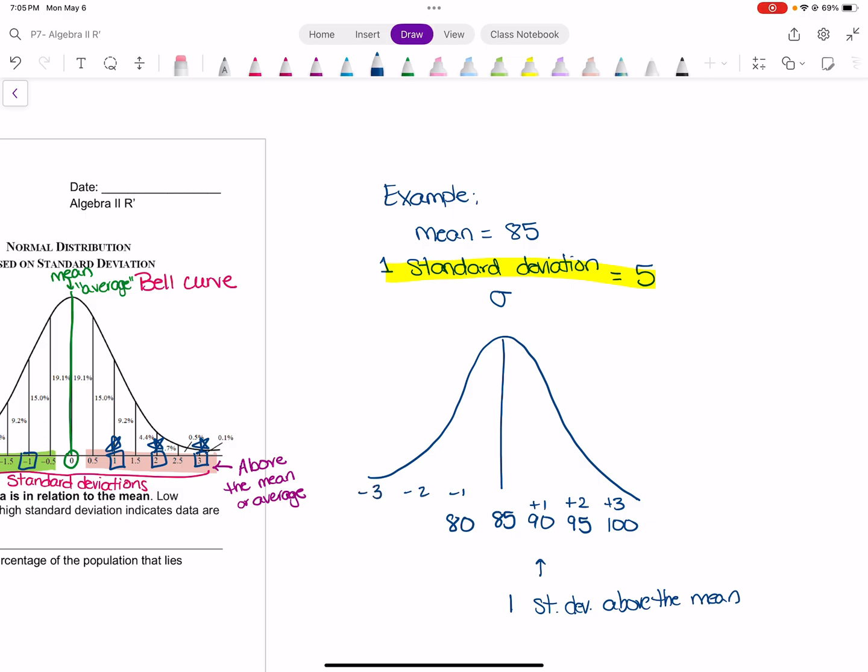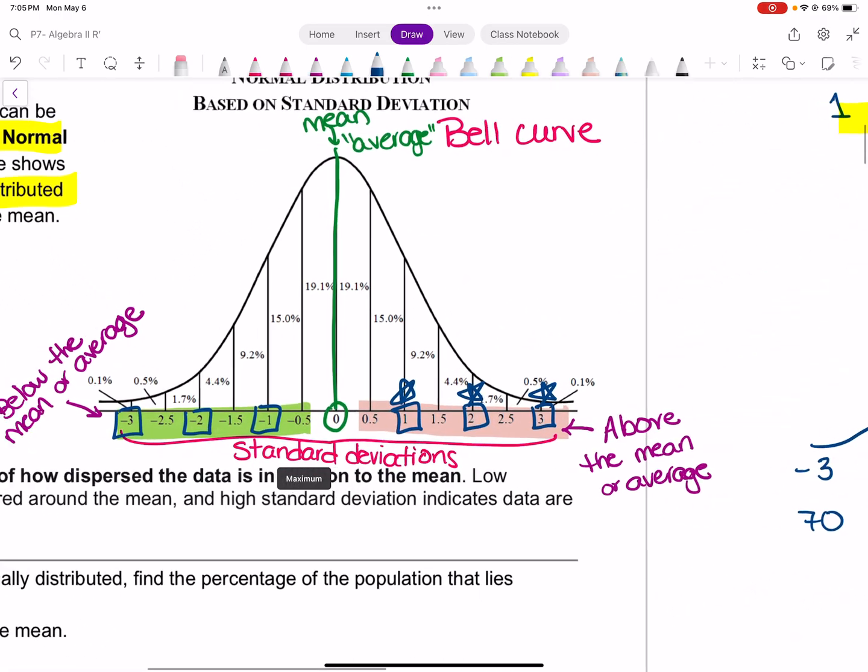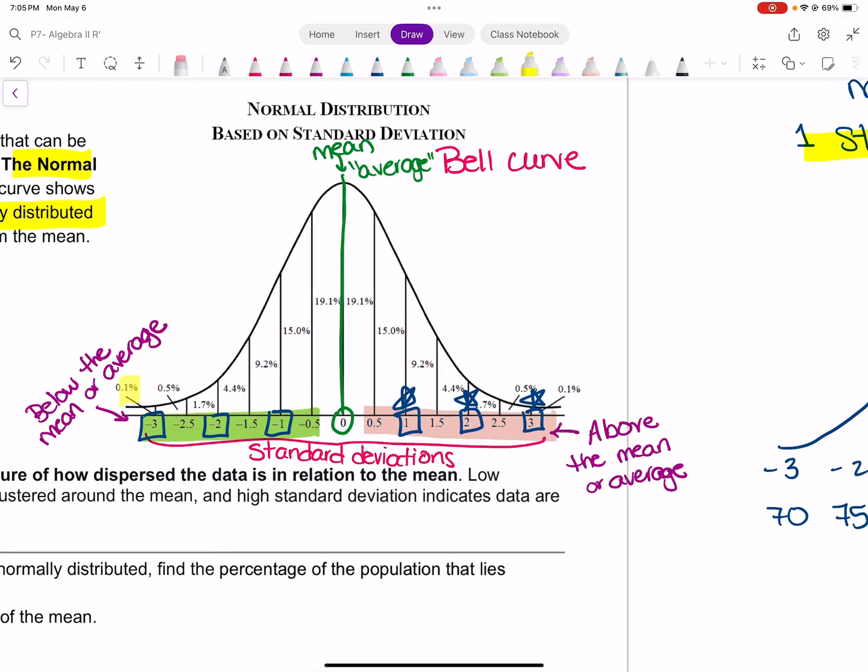If I was 2 standard deviations below the mean, I would be another 5 below the 80 that we left off at. I would have a score of 75. If I was 3 standard deviations below the mean, I would be another 5 points below. I would be a 70. So notice all of these little percents that we have here everywhere, all these percents.